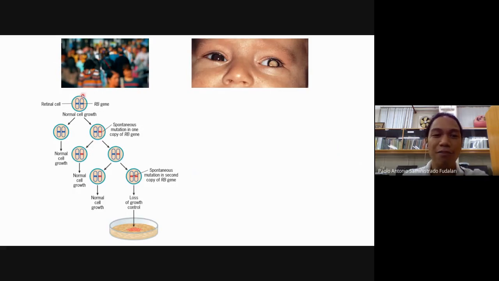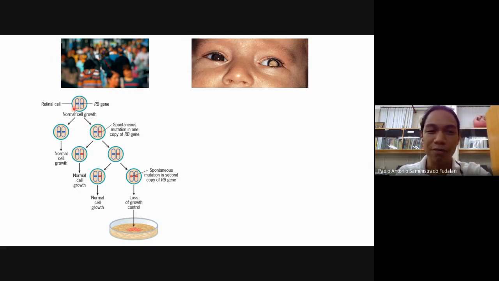So in the normal population, this is what happens. This is a tumor suppressor gene. In the normal population, both of the RB genes start as normal. And the mutation of one of them happens, but this mutation is actually quite rare in incidence.